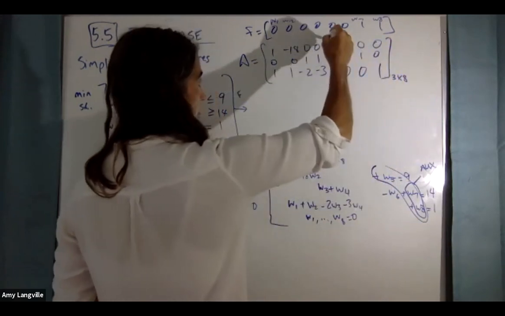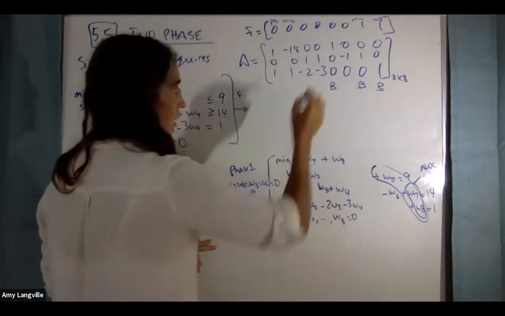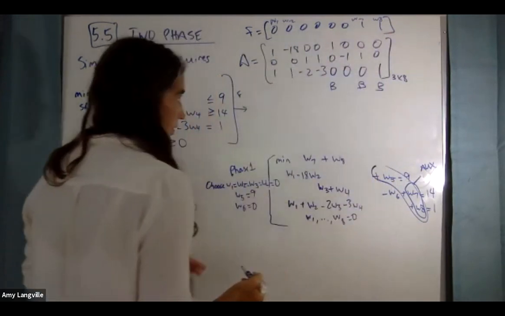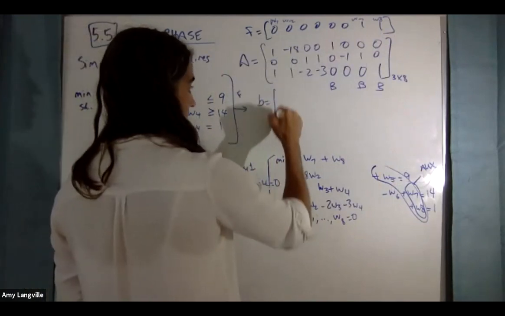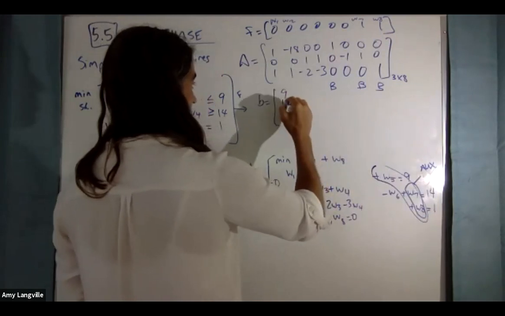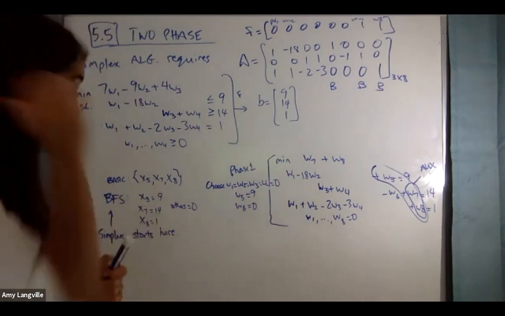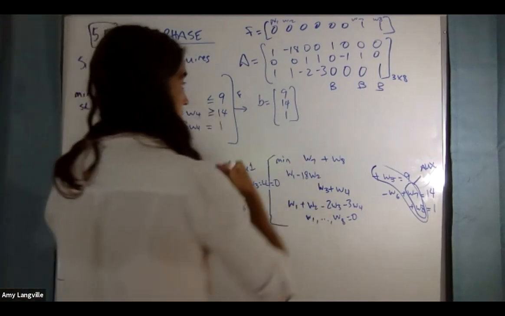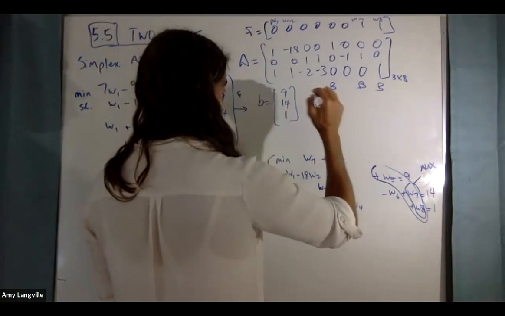And again, notice that we pulled off this to be basic, basic, basic. And see that hidden identity there, which again makes an easy initial starting feasible solution. The right-hand side is 9, 14, 1. What else do we need? Lower bounds. All of our lower bound LB will be, again, you should write it as a column vector.